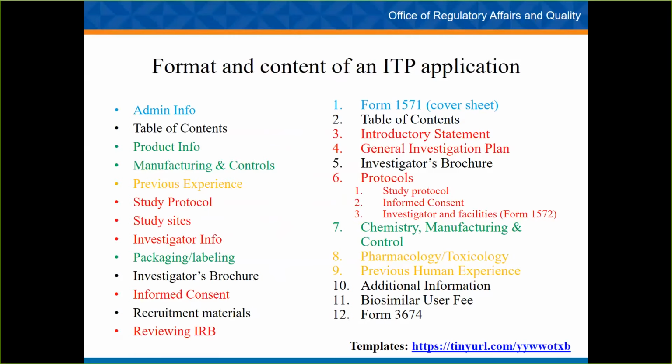I think a lot of these products might be used differently in each protocol, so each study protocol might drive the investigational plan. So for whatever reason, they don't have a section specifically describing the product besides in the protocol, as far as how they plan to use it.